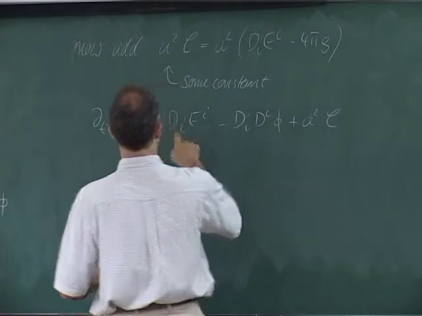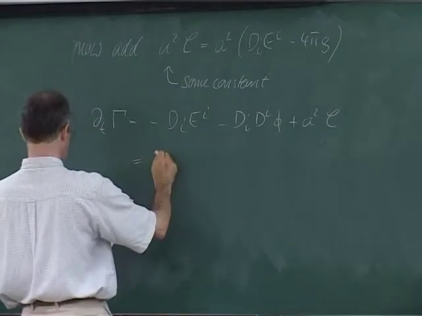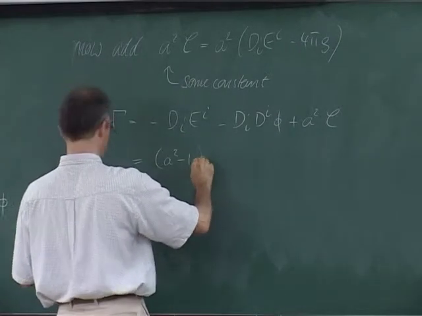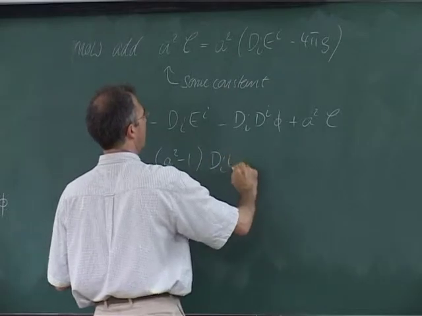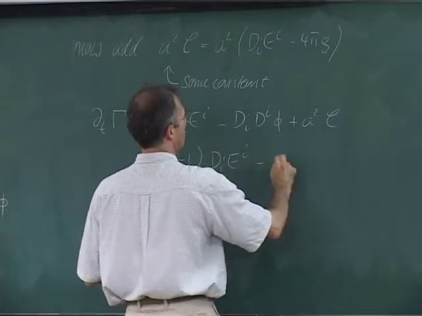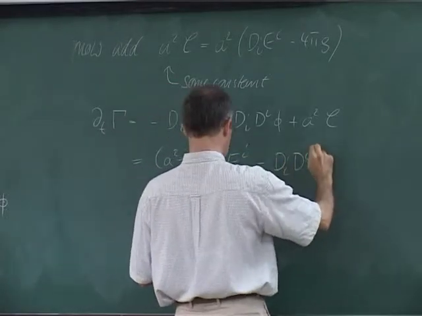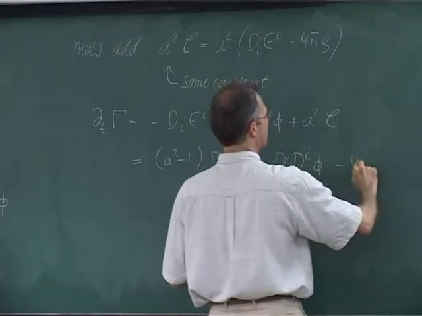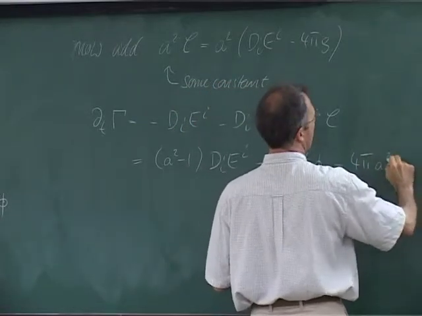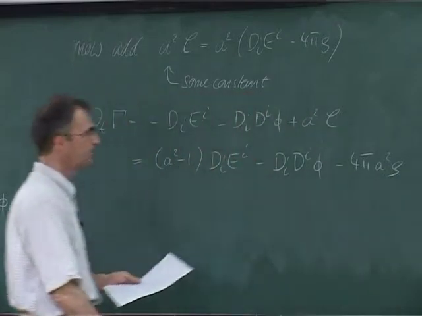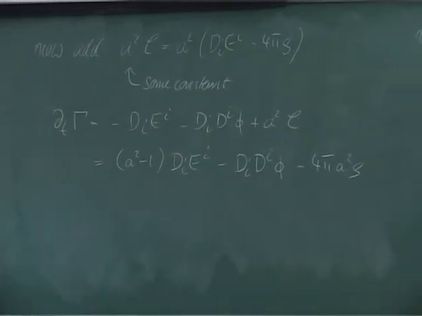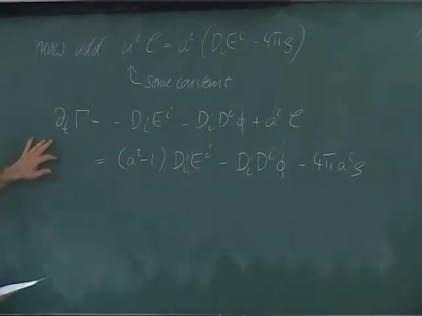We already have a divergence of E here, so this gives me (a squared minus 1) d_i E_i minus d_i phi minus 4 pi a squared rho. That's the evolution equation for gamma.